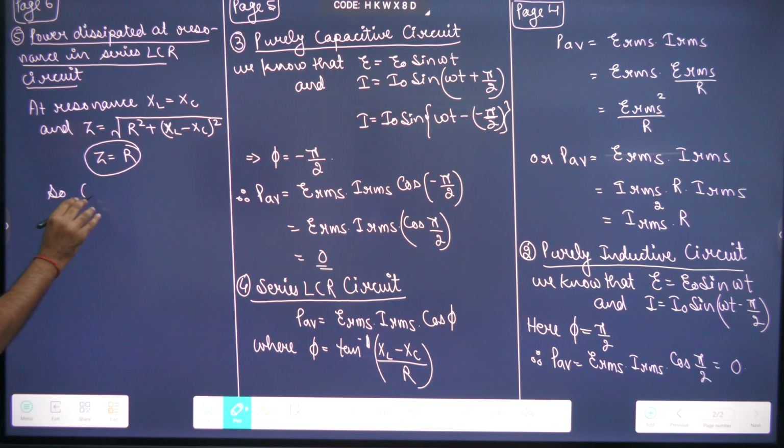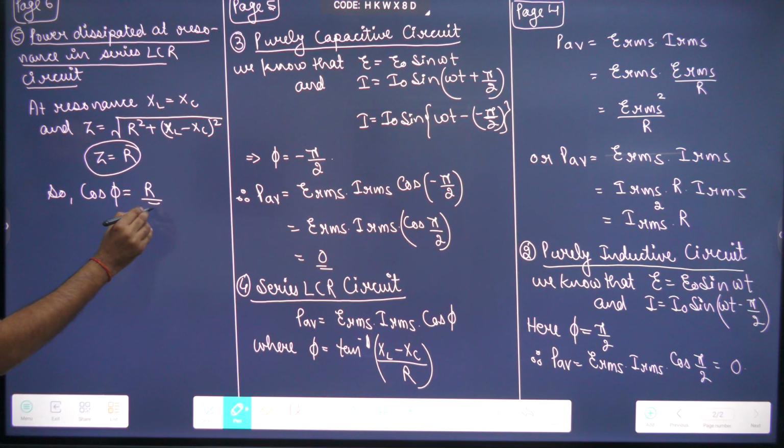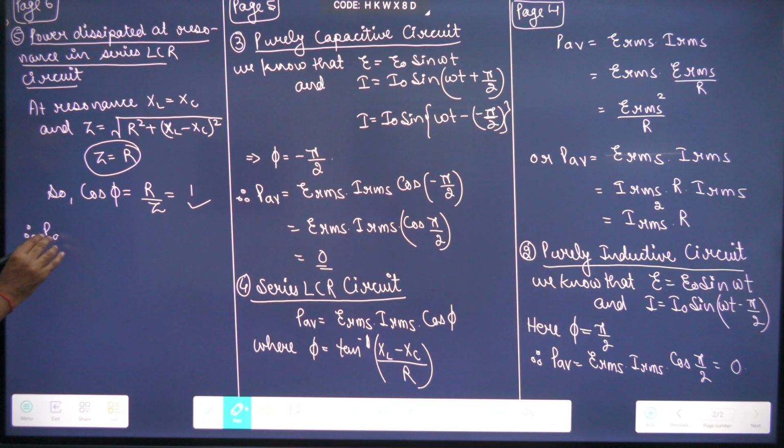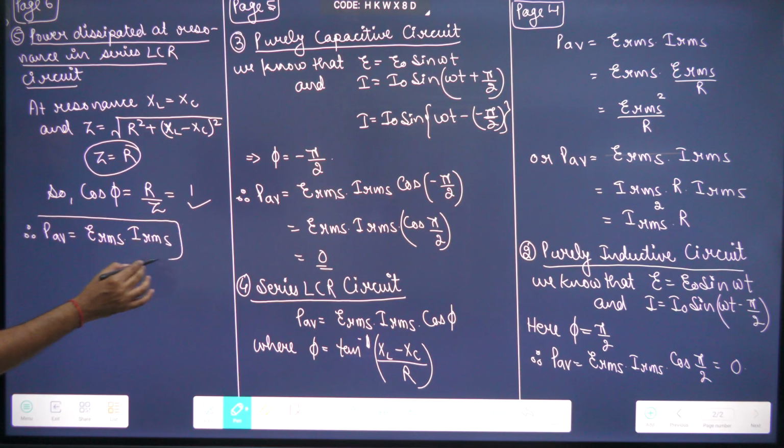So cos phi is equal to R upon Z, and R and Z are equal, so it is equal to 1. Cos phi is equal to 1. Therefore P average is equal to ERMS into IRMS.